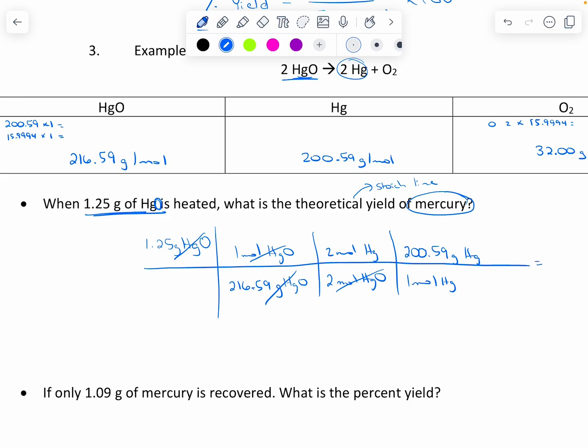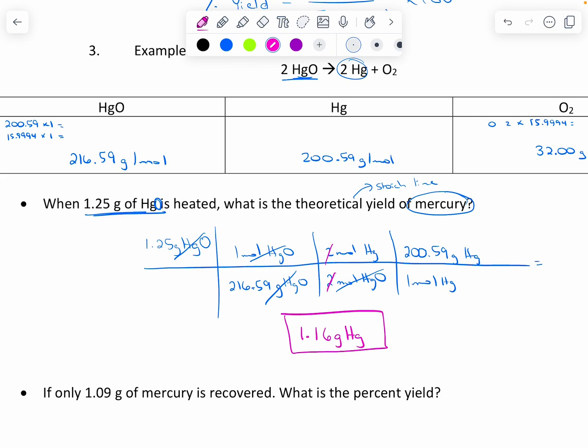We multiply across the top and divide by what's on the bottom, so 1.25 times 2, but we can take these 2's out because they're the same thing. So we take 1.25 times 200.59, divided by 216.59. We should get 1.15, let's say 1.16 when we round to 2 decimals, 1.16 grams of Hg. This is our theoretical yield. This is how much we should have gotten back.